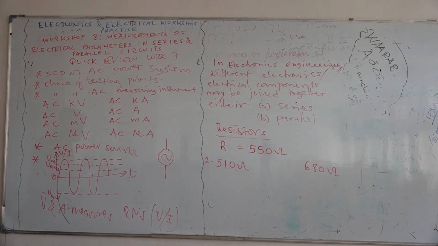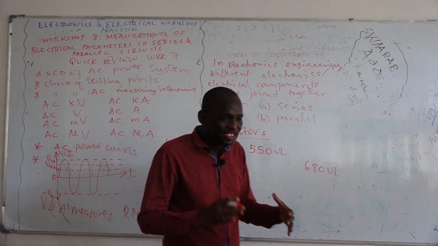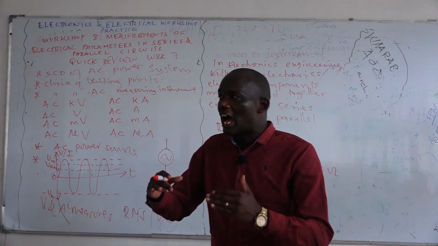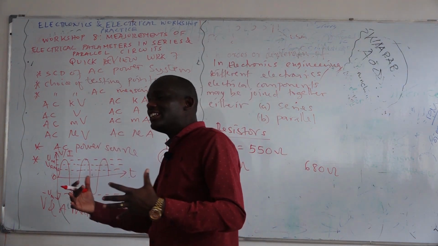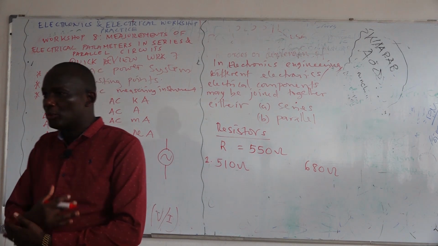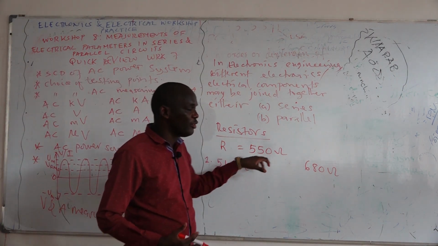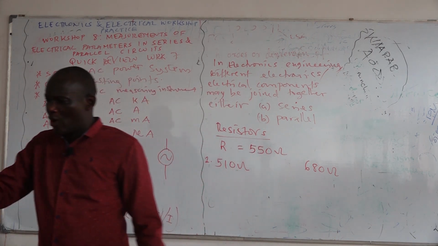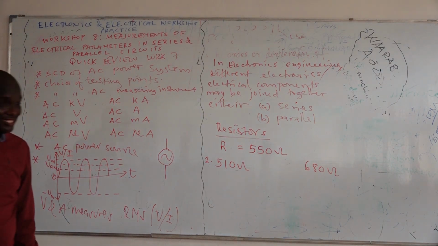Because remember, in most electronics systems, the resistor is one of the discrete components which occupy a large space of a motherboard, right? So imagine if, for instance, in your design you have 20 resistors, and all the values that you've calculated are not standard.